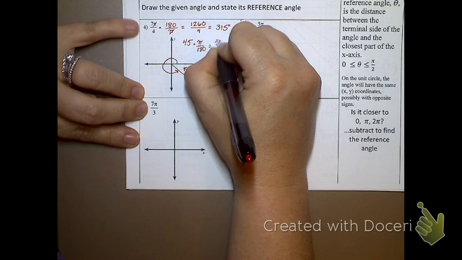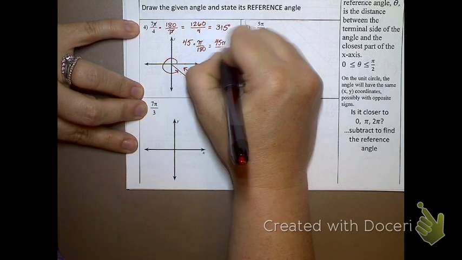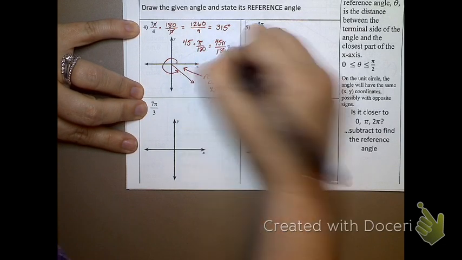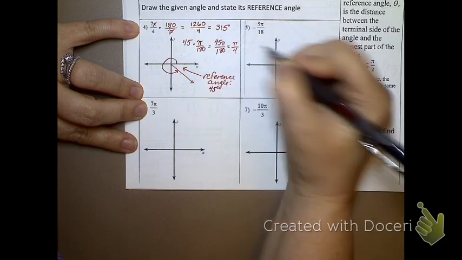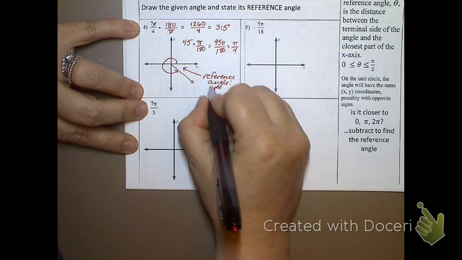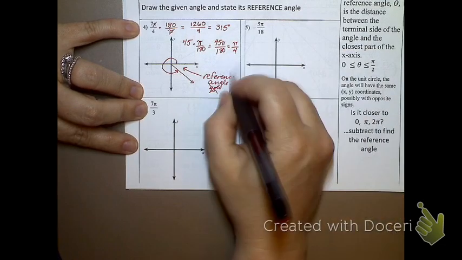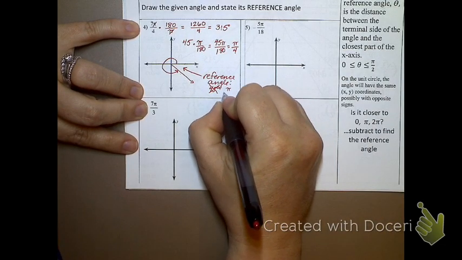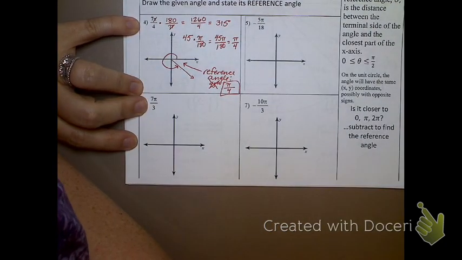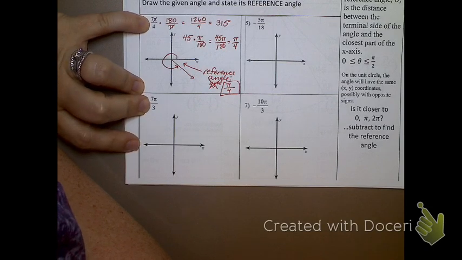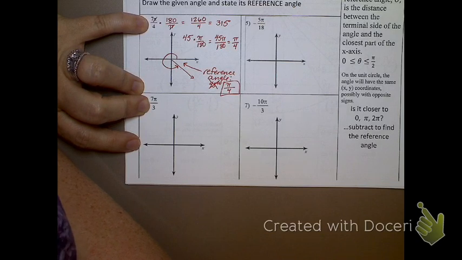That gives me 45 pi over 180, which is what? Pi over 4. So my reference angle, I can't list my answer as 45 degrees. I have to call it pi over 4. So that's the long way. Not super long, but it's kind of a pain to have to take radians, convert it to degrees, then figure out the problem, then convert it back to radians, right?